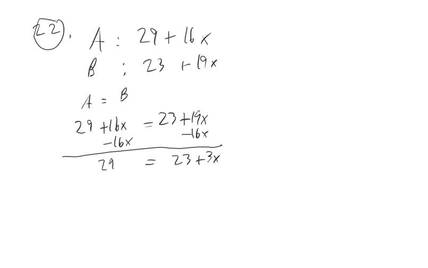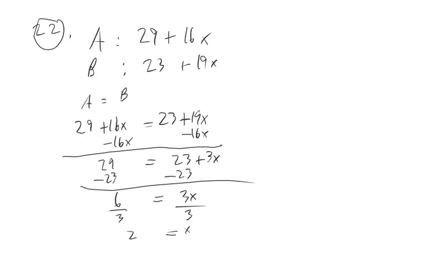And then I'll subtract 23 from both sides, and I'll get 6 equals 3x. Then divide by 3 on both sides, and I'll get 2 equals x. So in 2 months, the clubs will both cost the same.